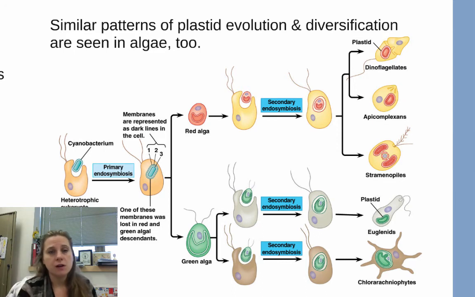We also have some patterns of plastid evolution that we can see in algae, which to me are just kind of their own gig. But in algae, we have one heterotrophic eukaryote engulfing another. You have the formation of red algae and green algae. One of them goes one way, one goes the other way in the evolutionary theory, and then you work through, and you get what we know as algae right now.